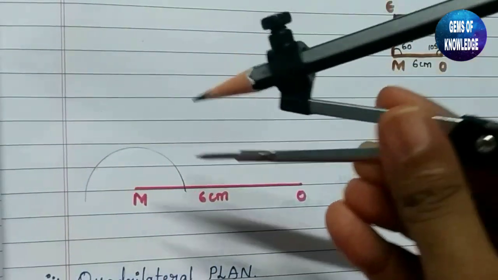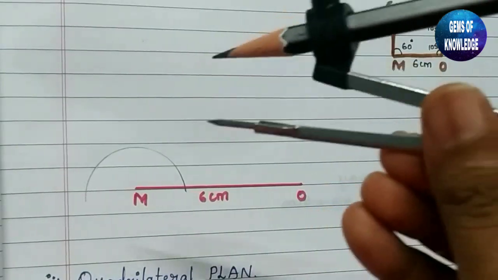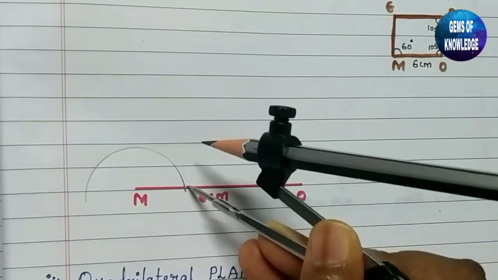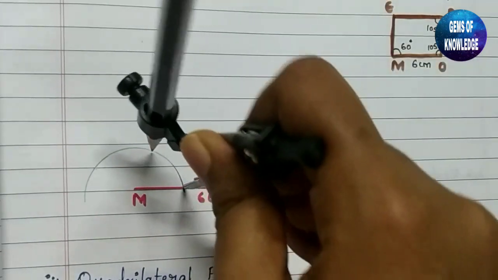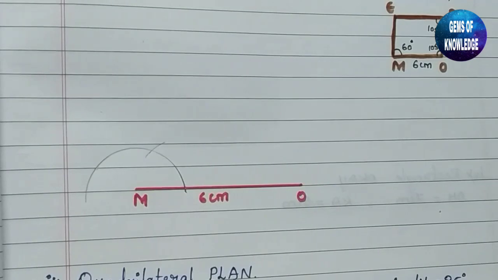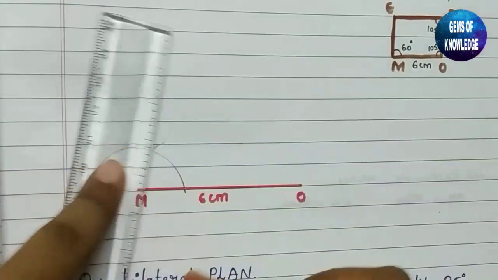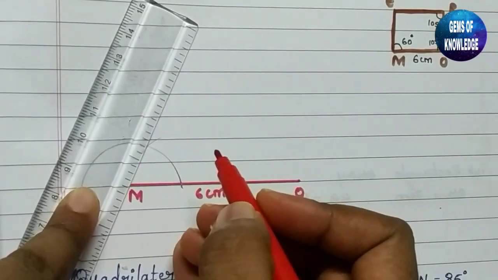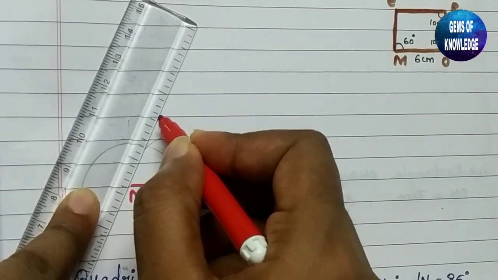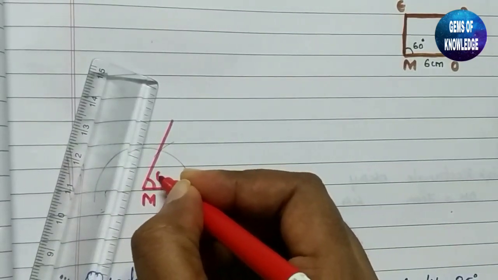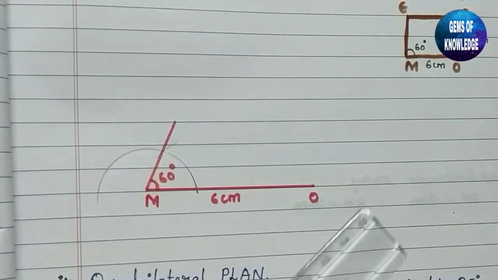And with the same measurement, without shaking it, I will keep it on this point and cut an arc. This is nothing but our 60 degree angle. Let me join this. This is our 60 degree angle.